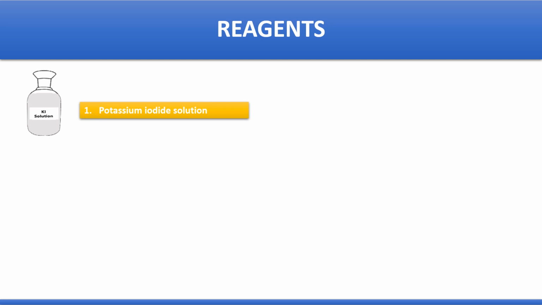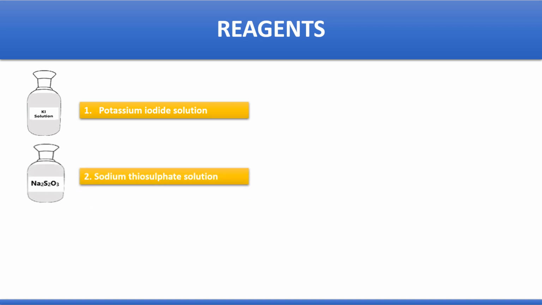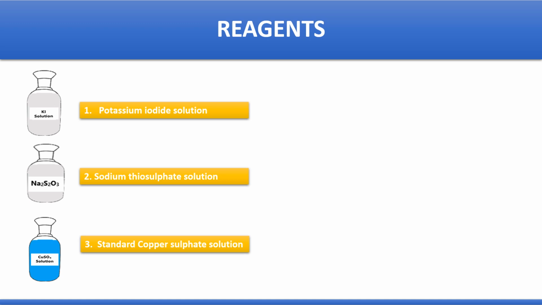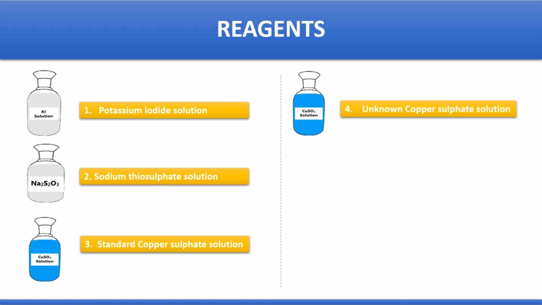Potassium iodide solution. Potassium iodide is a colorless solution. Sodium thiosulfate solution, which is also known as the hypo solution, is also a colorless solution. The standard copper sulfate solution. Copper sulfate solution is a blue colored solution. The unknown copper sulfate solution.